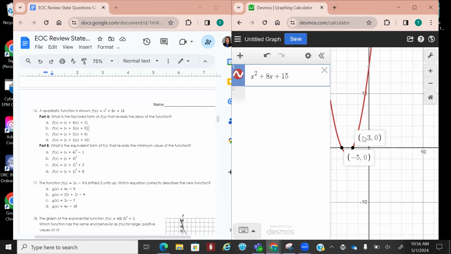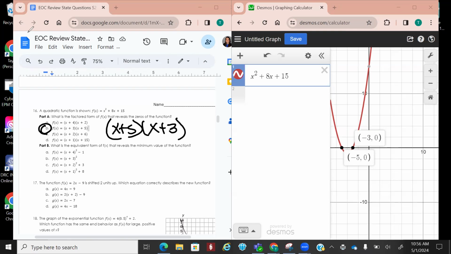We're going to graph these, and it's going to be -5 and -3. If I want to write this out in factored form, I'm going to switch the sign and add an x in front of it. You should get B.